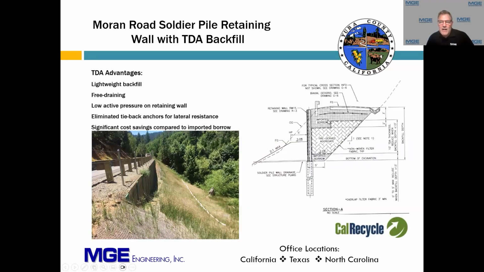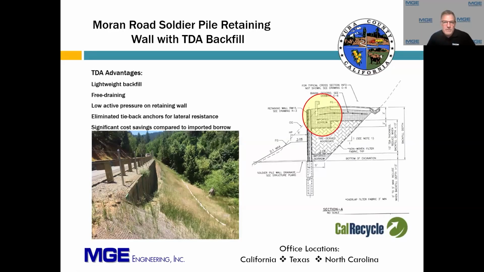And we also had to notch out a bit. We used imported borrow because we have guardrail. In order to be able to install the guardrail posts, we didn't want to be going through TDA. We wanted to have support for the guardrail, so we held that back also. So those are some of the things I wanted to point out on this slide.